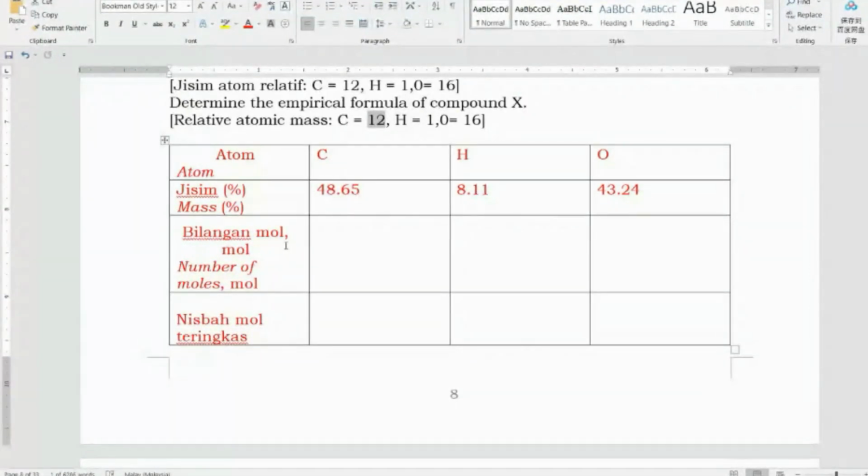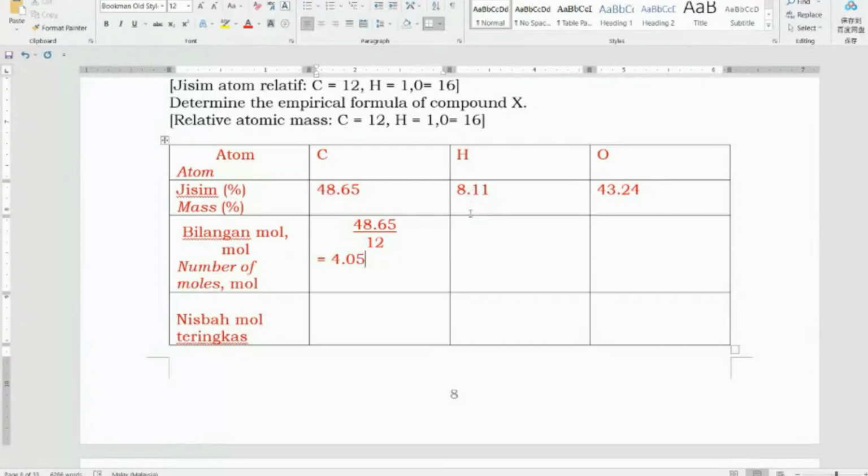Okay, can you divide? So what is your answer? 4. 4, what? Exactly 4? 4.05 lah. Okay, 4.05. Maybe you take 4.05, huh?